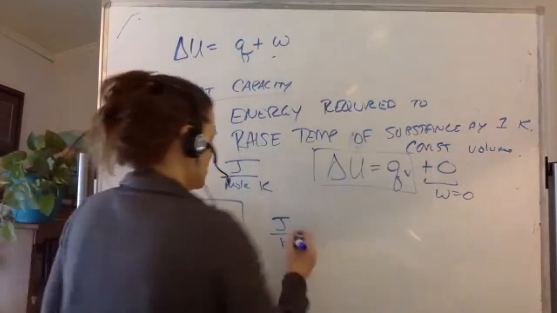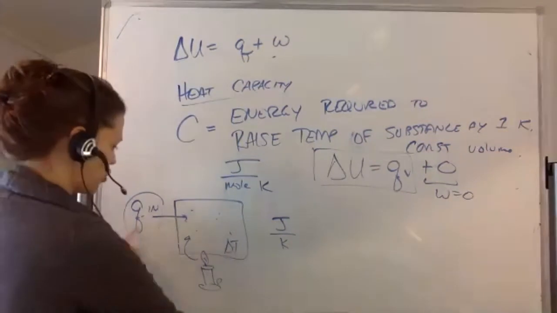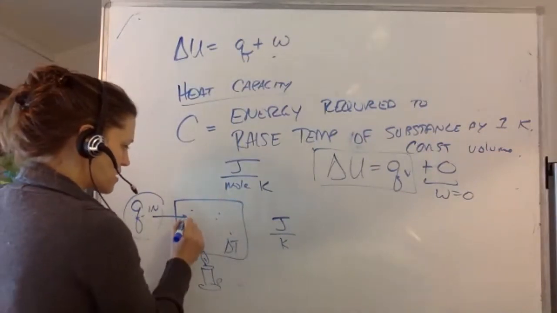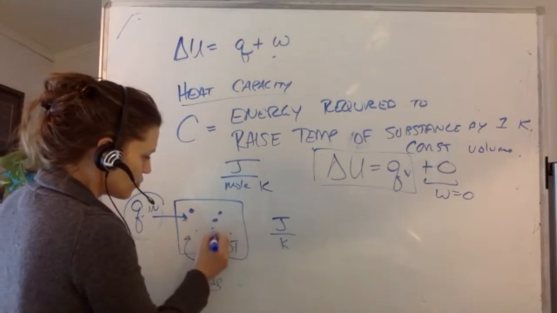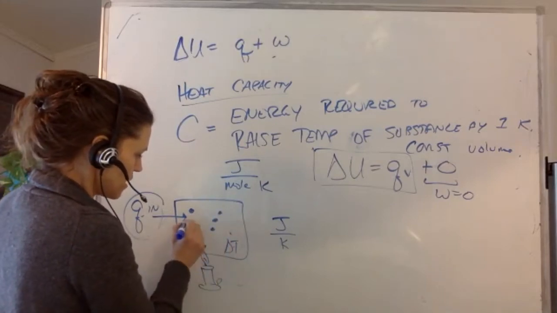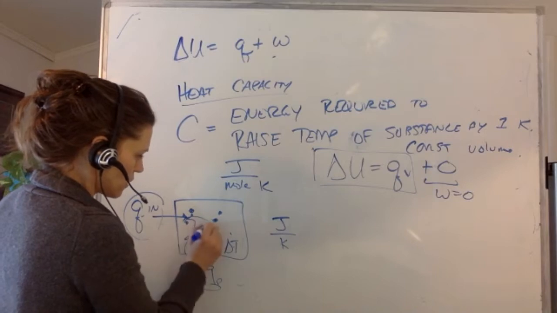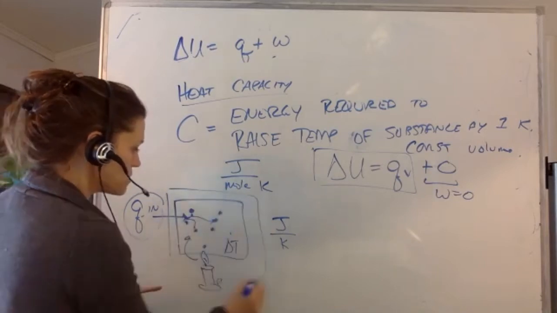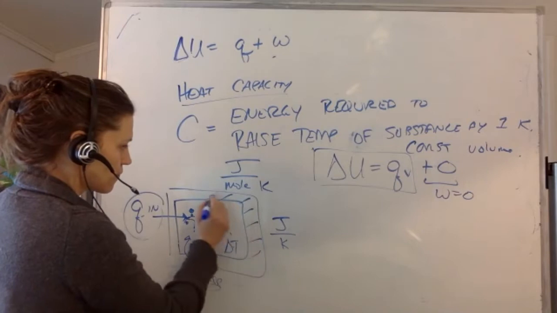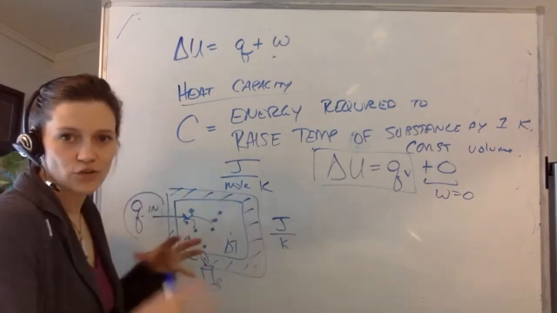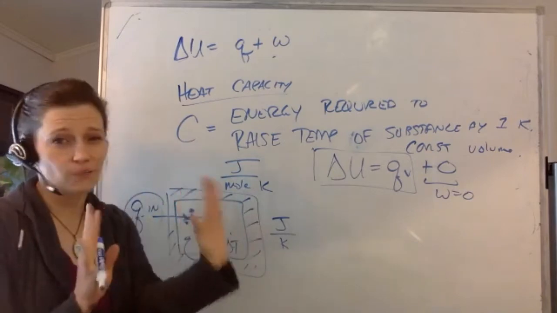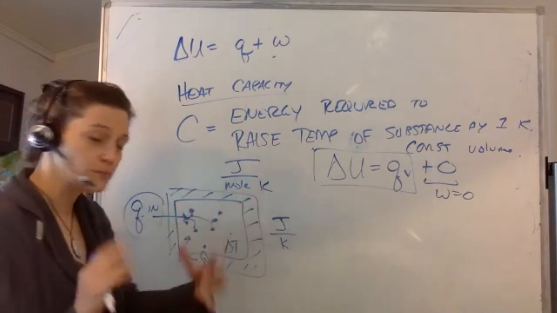So if we have Q going in, it's going to go into the molecules themselves. There it goes, going into the molecules, because the volume is not changing. The dashed lines show that this is a steel box or an iron box or some box that's not going to change its volume.